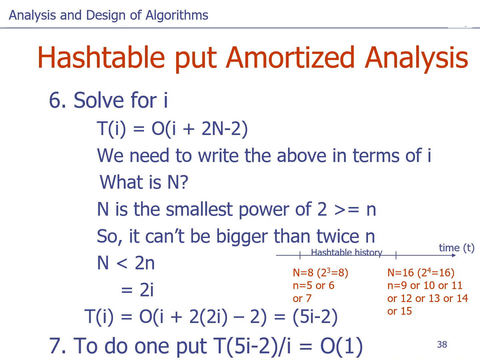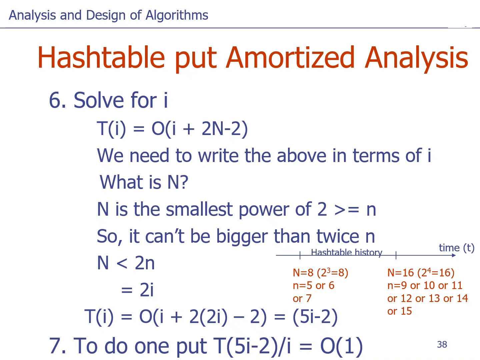Now, it's going to be equal to 2i, right? Because if I get n entries because of I operations, because I'm inserting one key in every one of those I operations, then 2n is equal to 2i.